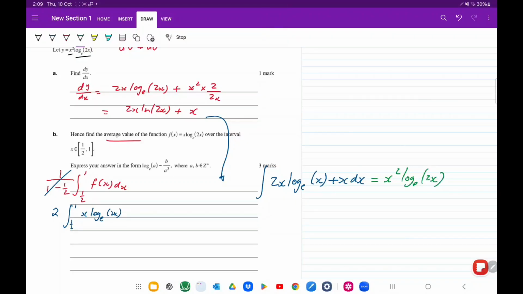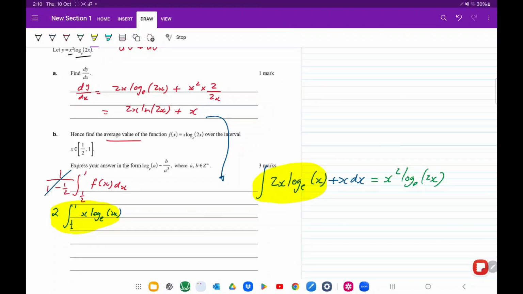Alright, so what we need to do now is find a way of how we can represent this particular equation that we've got here and use the information that we've got here so that they match up and line up. One way we could do this is by recognizing that this part here, we've got the 2x log e.